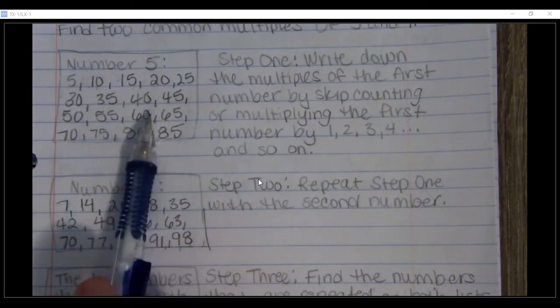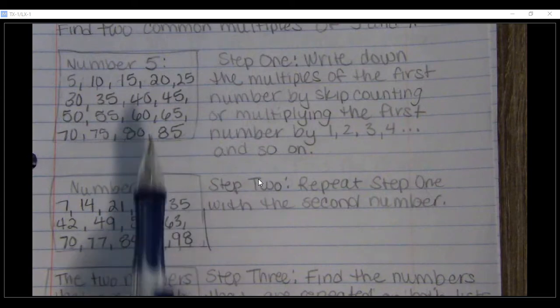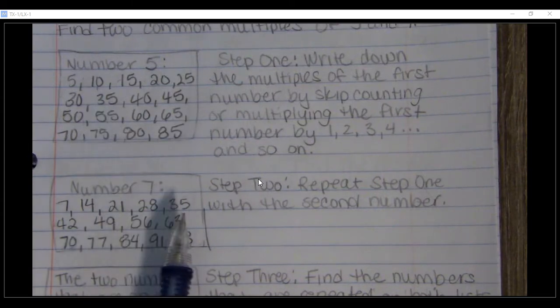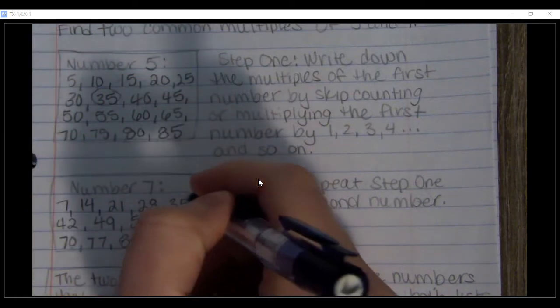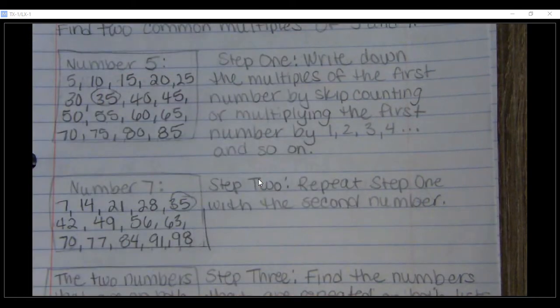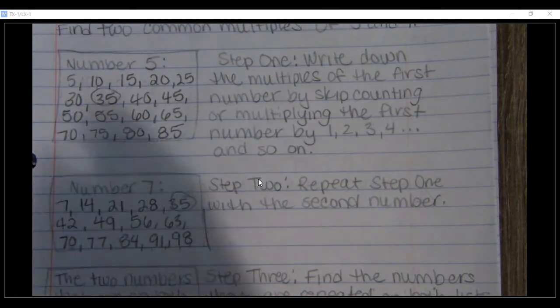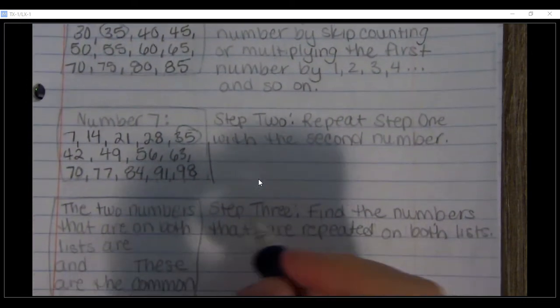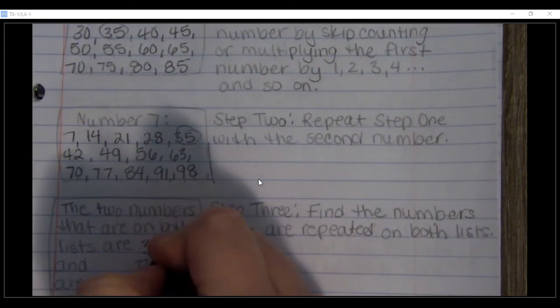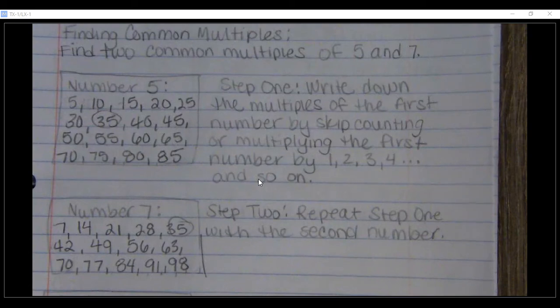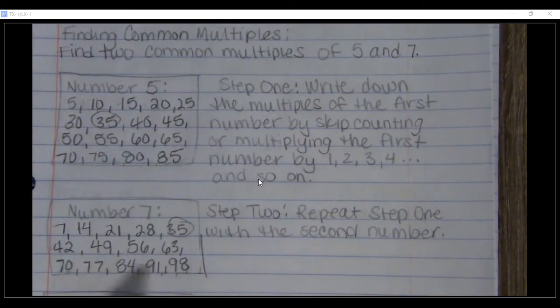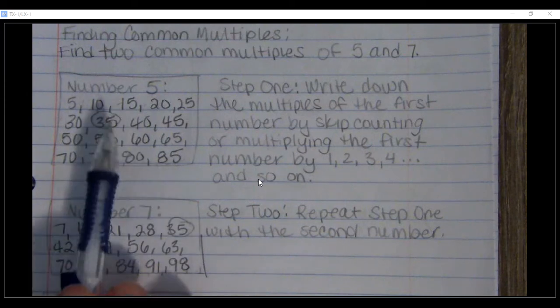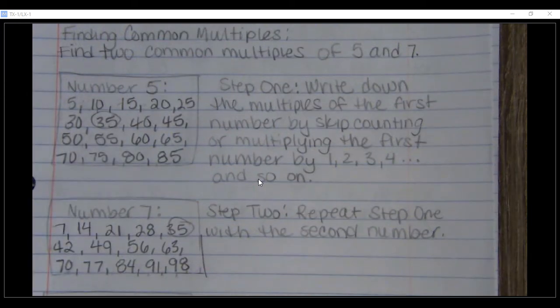Taking a look, I see that the number 35 is on both my lists. Oh, look at that. That means that 35 is one common multiple because both my lists have it. When I found the multiples of 5 and the multiples of 7, they both have the number 35.